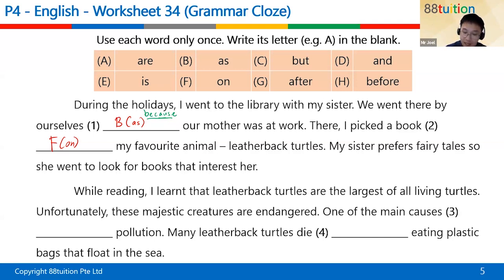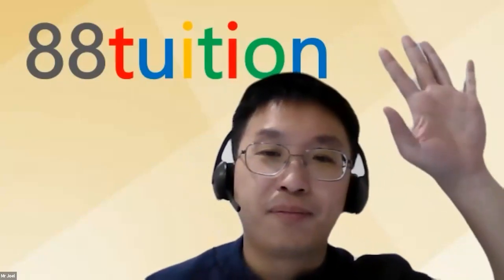Okay. "My sister prefers fairy tales, so she went to look for books that interest her." How many of you here actually love reading animal books? A show of hands. How many of you love reading animal books? Zoe? Catherine? Not really?